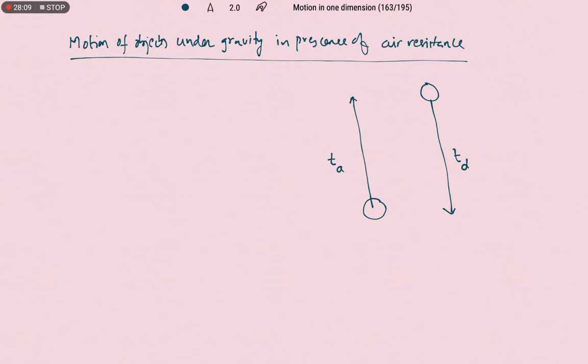But suppose the object is moving in the presence of air friction, what will happen? Let us guess. We are going to analyze whether the time of ascent will be more than the time of descent. Let us check which one will be maximum and which one will be minimum.